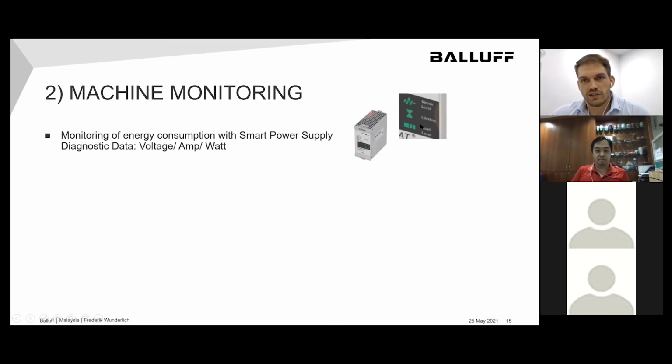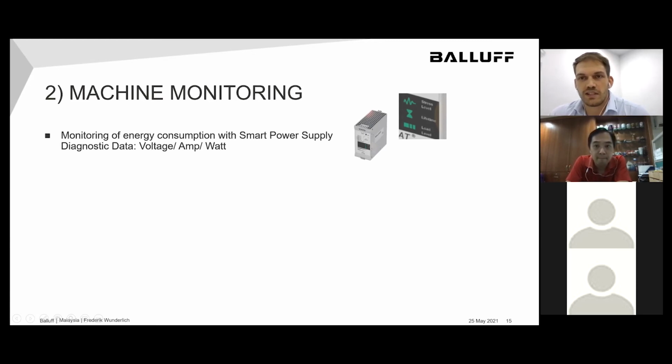And finally, you can see here, I zoomed in a bit for the ones that don't have that sharp eyes. You can see 3 indicators here. So stress level, this is actually the current amps which are drawn, the load level, which is the current voltage consumption, and the lifetime.